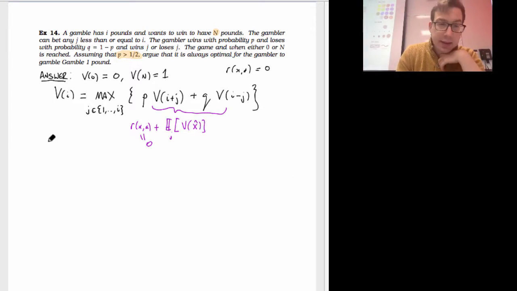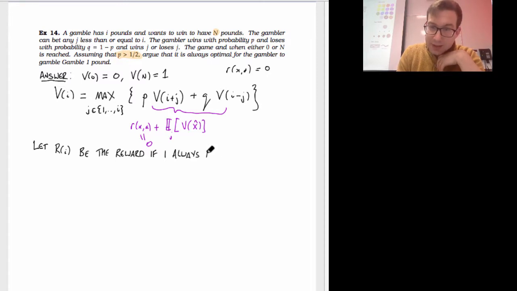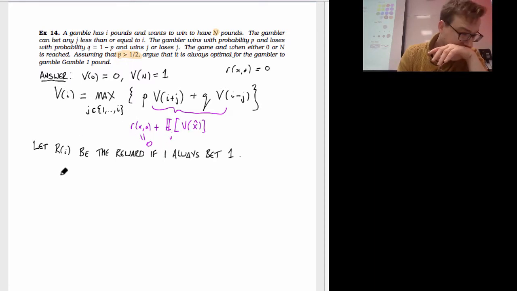So we're going to let R of I be the reward if I always bet £1, and I can write down the recursion that that satisfies.